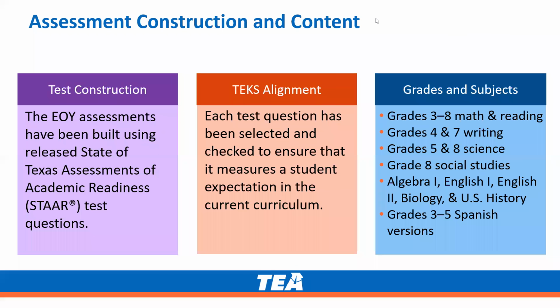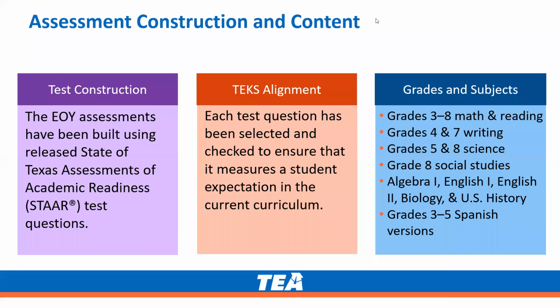Again, each question has been selected to align with the curriculum in place for this school year. As you know, the Reading Language Arts curriculum has recently undergone some revisions, and so we will make sure we align to the assessed curriculum that's up on the STAAR webpage right now. We will cover all the STAAR subjects: 3 through 8 reading and math, 4 and 7 writing.